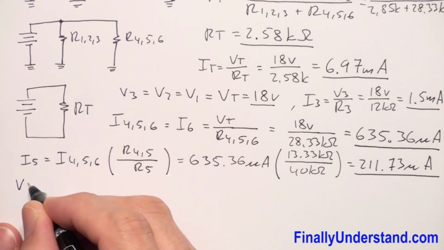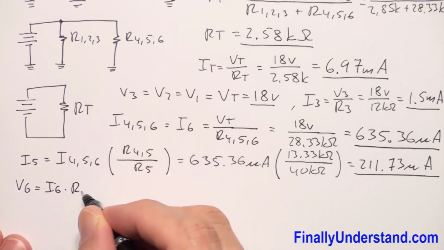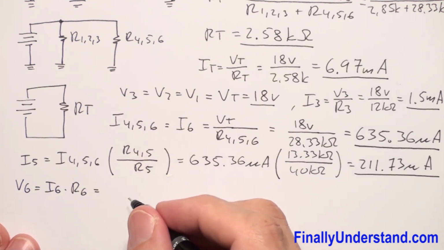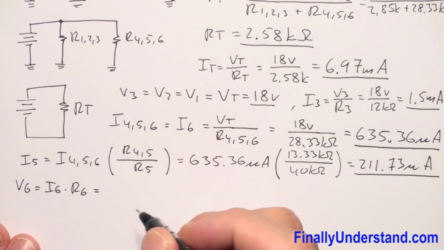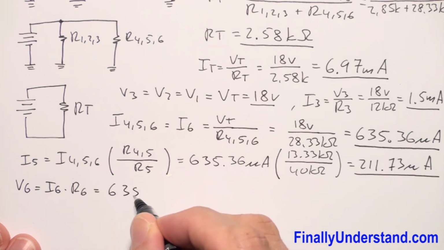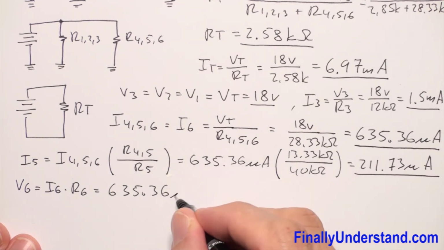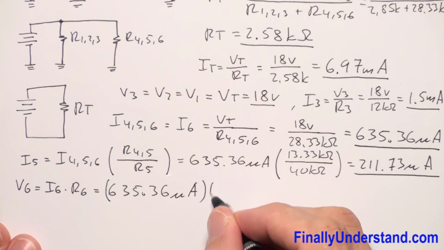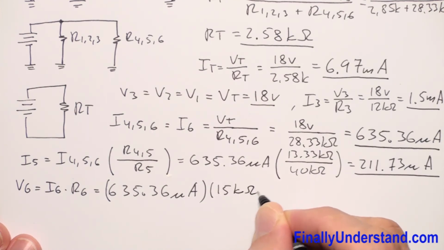V6 is equal to I6 times R6. I6 is equal to 635.36 microamps times R6, which is equal to 15 kiloohms.